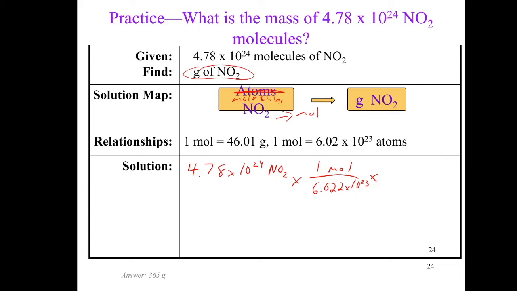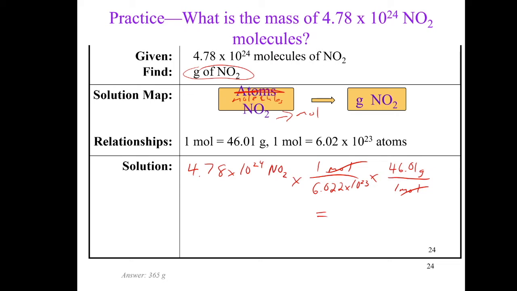And then that will get me into moles, but I don't want moles, I want grams, so I need to use the molar mass. I want to get rid of moles, so I put 1 mole on bottom, which means I get grams on top.